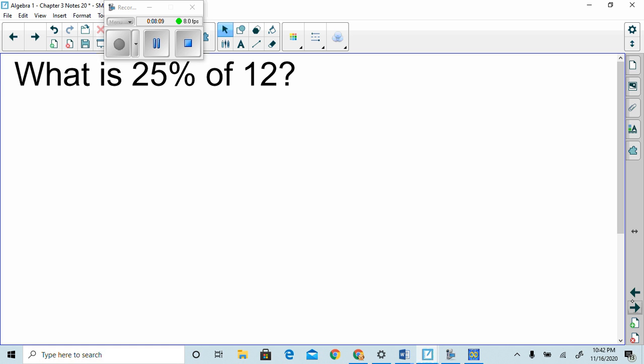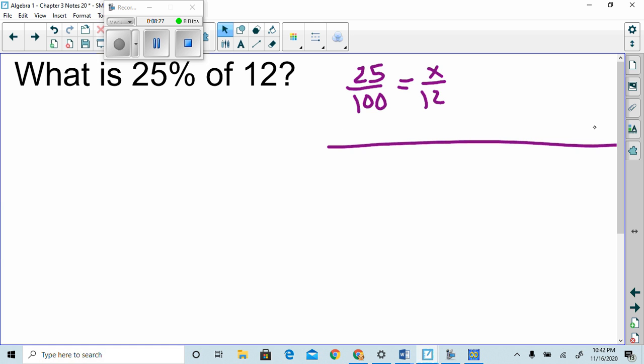We will look at what is 25% of 12. 3 methods. One method would be saying, let's take this 25 out of 100 is equal to x over 12, cross multiply. A second method might be setting up an equation. So that's 0.25 times 12.